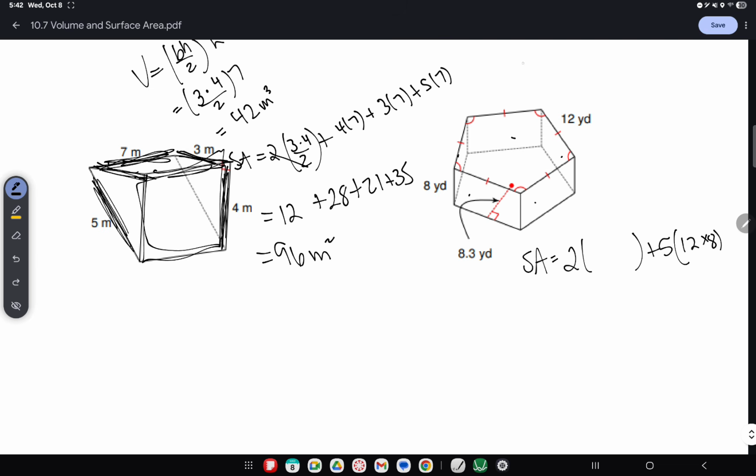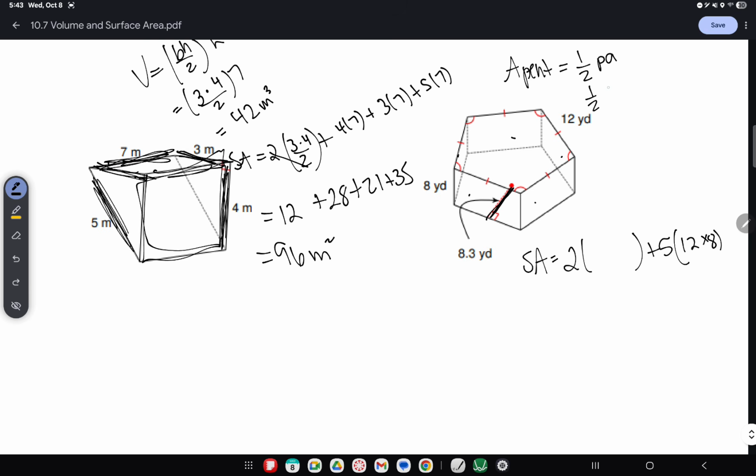All right, the area of a pentagon is 1/2 times the perimeter times the apothem. The apothem is this piece here.